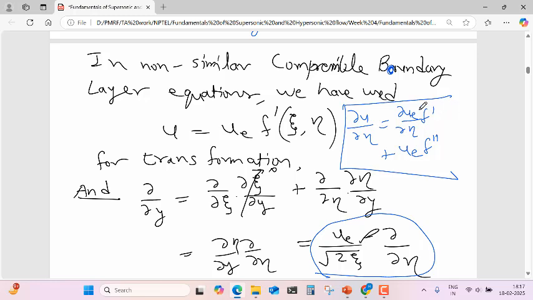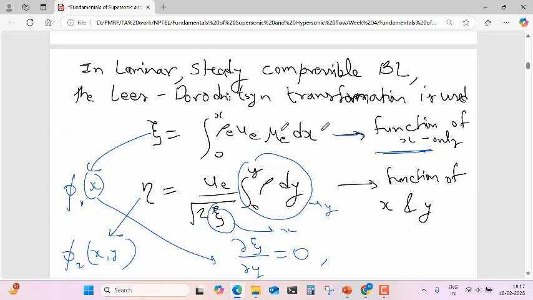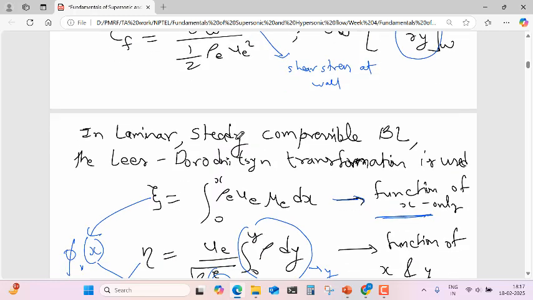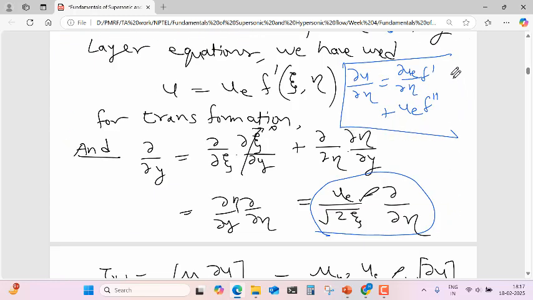At the wall, if you know the boundary condition for this boundary layer equation, you might know that f dash (xi, 0), where 0 is eta equal to 0 at wall, will be 0.